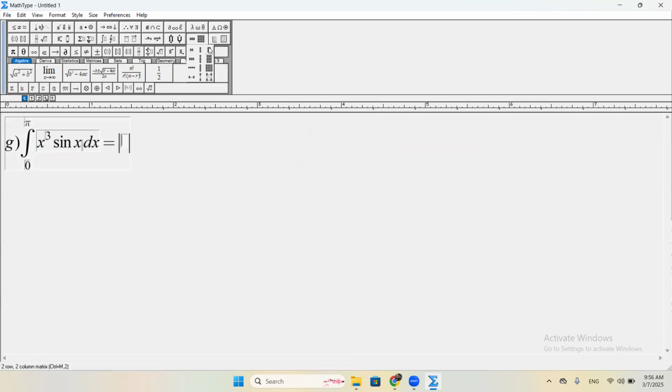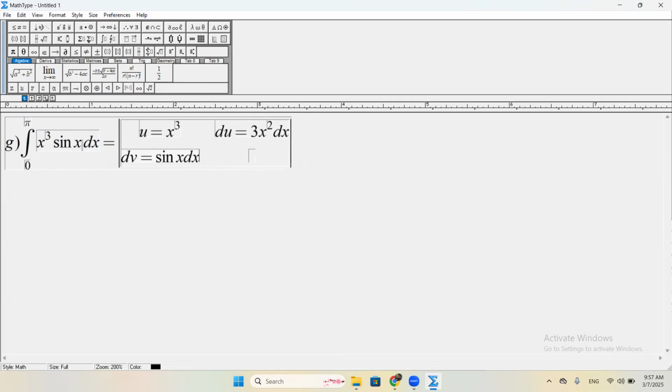So let's do it. First of all, u equals x cubed, and then du equals 3 x squared dx. dv equals sine of x dx, so v equals minus cosine of x.